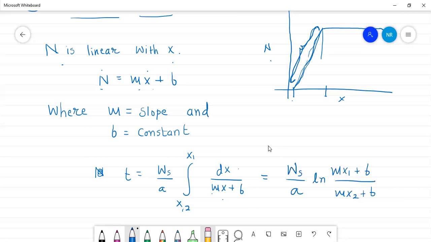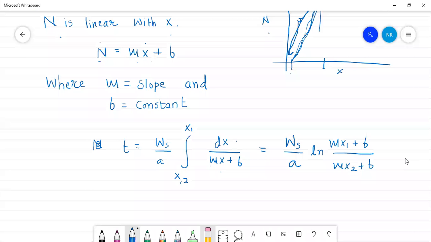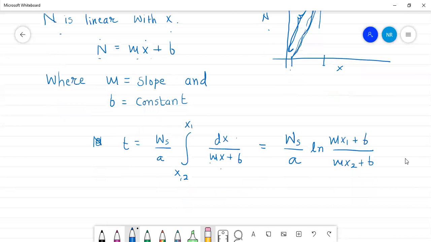Now we have N1 is equal to mX1 plus b, and N2 is equal to mX2 plus b.